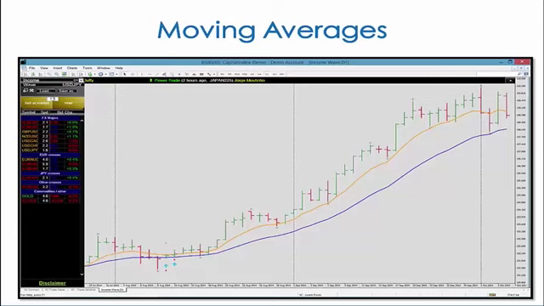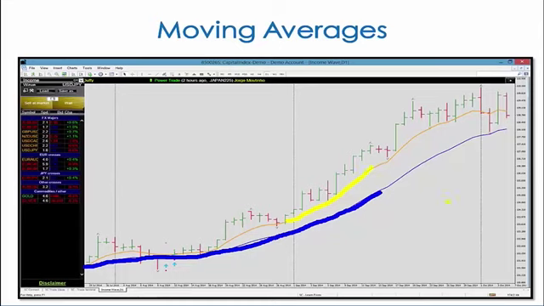Now, here we have a basic chart on Smart Charts, and we can see on the chart here that we have 2 wavy lines running through the chart. You've got this blue line here that I'm drawing over now. And we've also got ourselves this gold line. And both of those are what we call moving averages.